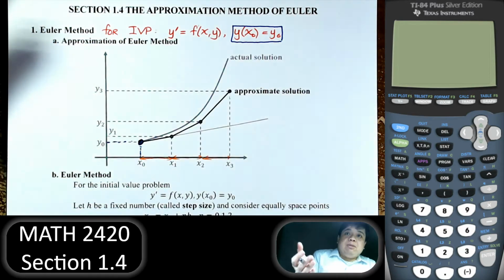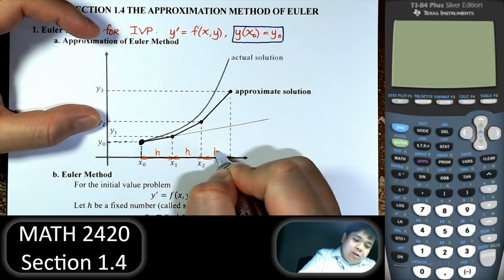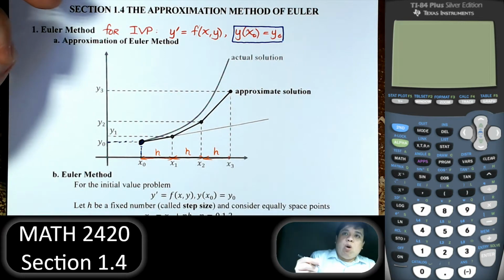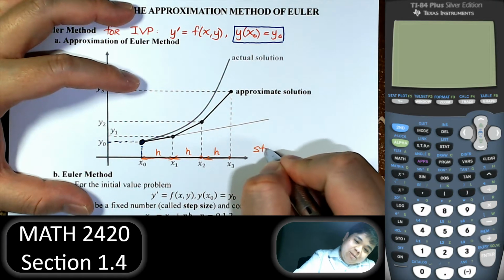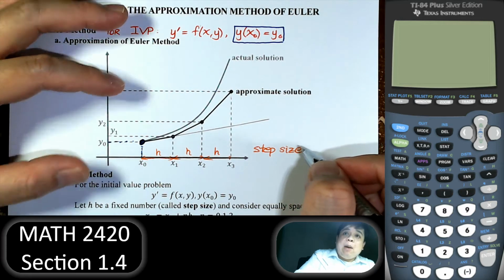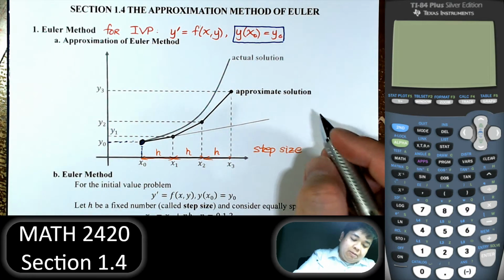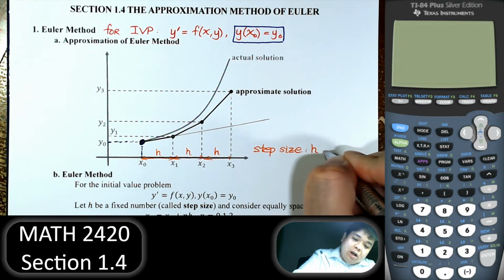Usually we call the step size h, or some books call it delta x. This is something we establish before we do the problem, and here we use h.